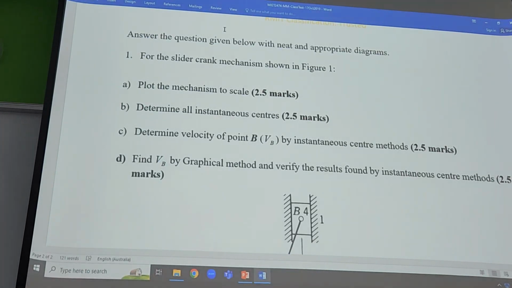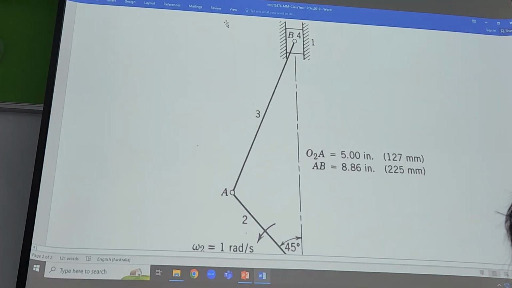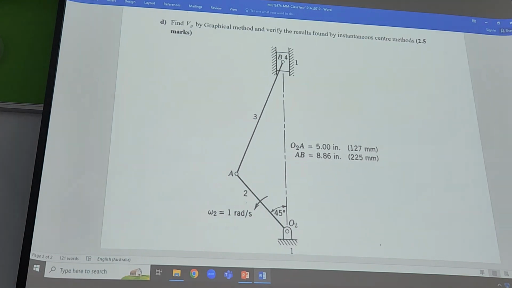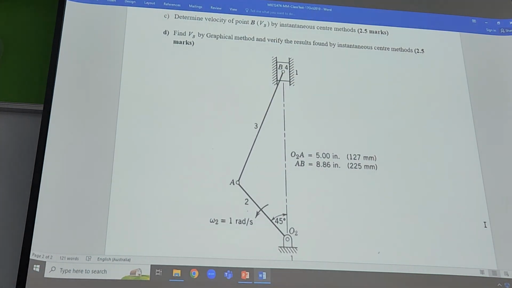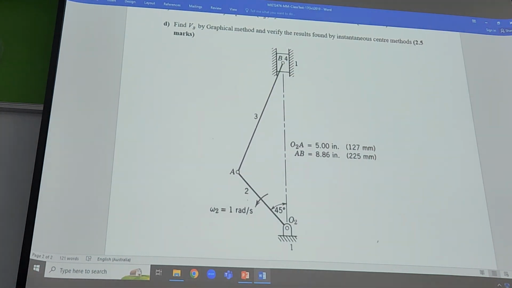It's a simple 4-bar mechanism. You may note this down. Can you do this now? It will take half an hour maximum, and do it on paper.